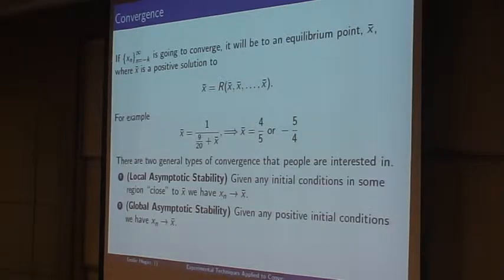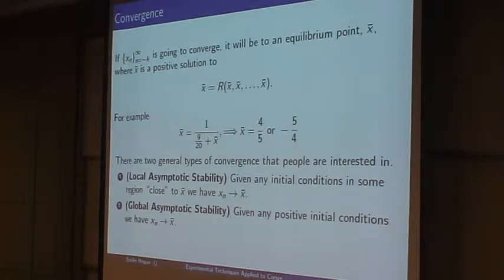And there are two general types of convergence that people look at. The first is local convergence. That is, if we start with initial conditions that are close to this equilibrium point, does that guarantee convergence? But what I'm interested in is global stability, and that is if we start with any positive initial conditions, do we converge?